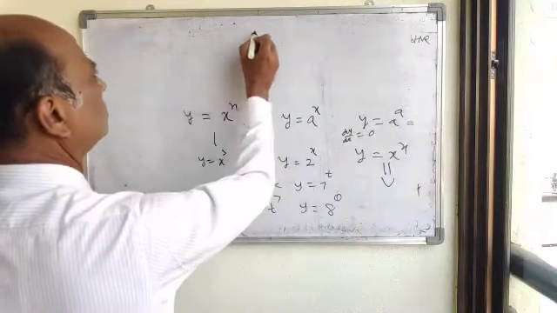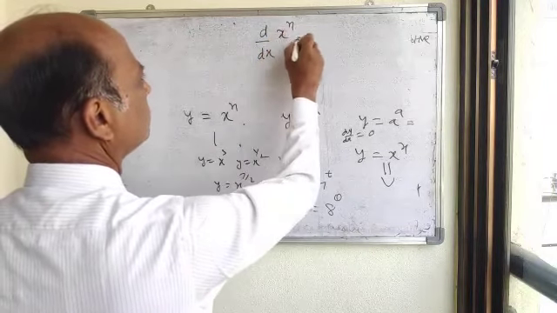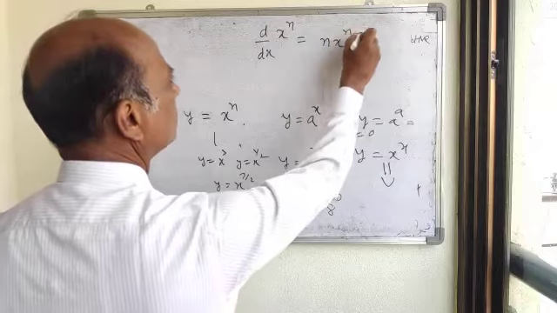So all of you know the basic fundamental formula, d by dx of x to the power n is n x to the power n minus 1.